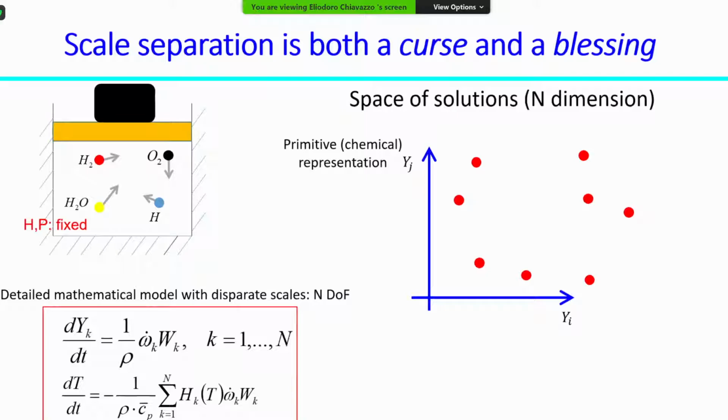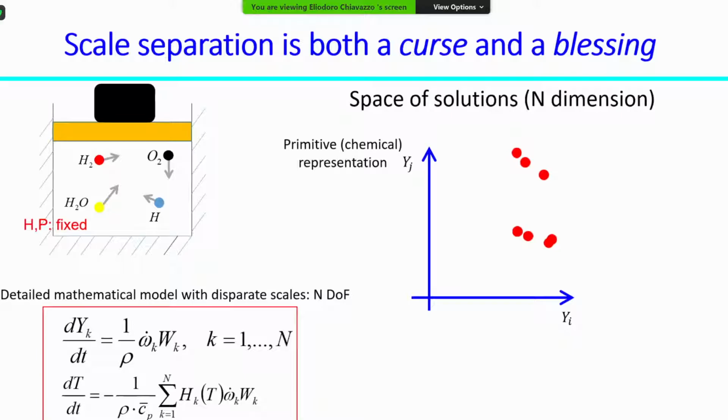On one end, it is a curse in terms of complexity that is added to the model, but it is also a blessing, because due to the presence of time scale separation, the phase space that is explored typically by very complex dynamical systems is actually a very low dimensional subspace of the full space.